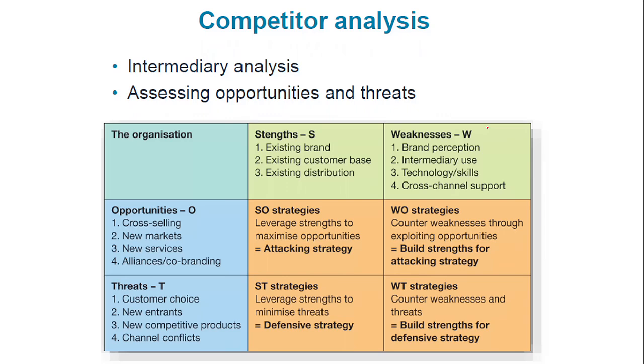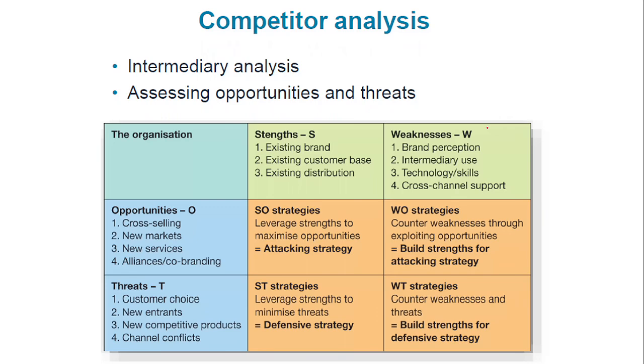So you have to leverage that. And of course, you also need to factor in the weaknesses and opportunities, which also enables you to build strength for attacking your competitor. Of course, this one will counter weaknesses through exploiting opportunities, right?